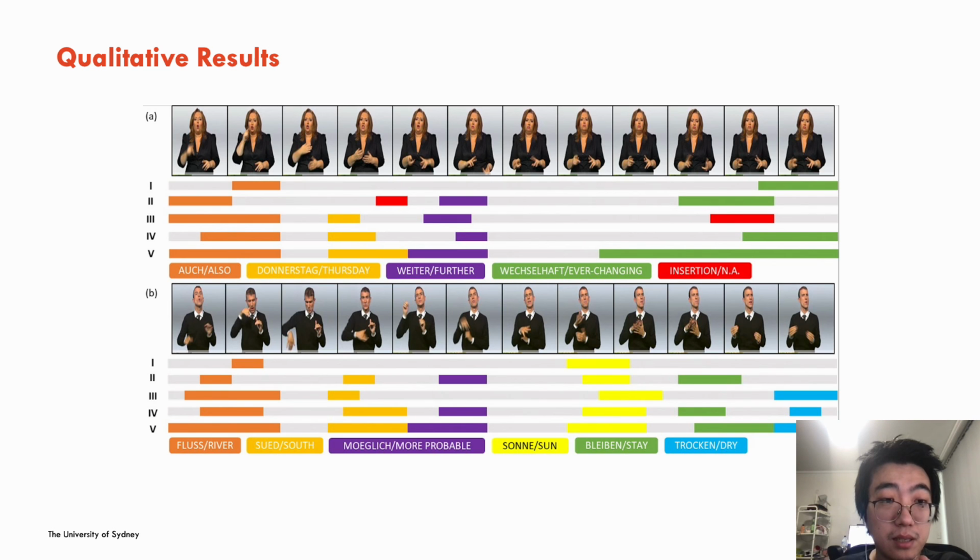You can see our last method achieves the best result by recognizing most of the glosses, and especially in here there is more appearance information.